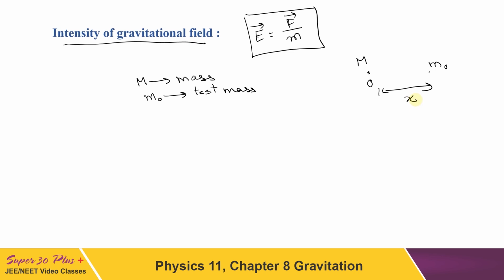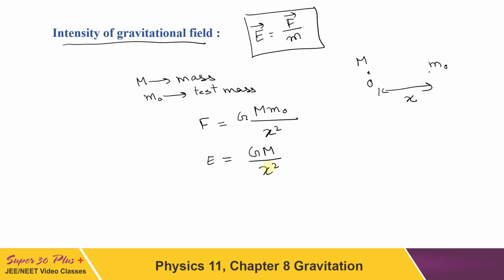So we can define that the force on mass m0 has to be equal to G m m0 upon x square, and then intensity can be written as G m upon x square. Now since it is a vector quantity, we have to define its direction as well. What will be the direction?